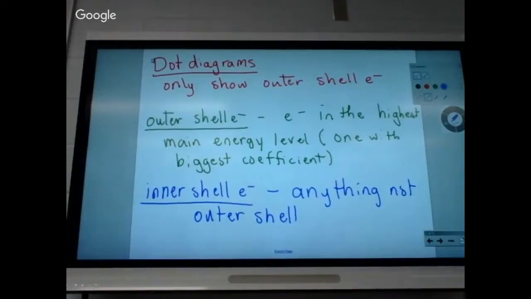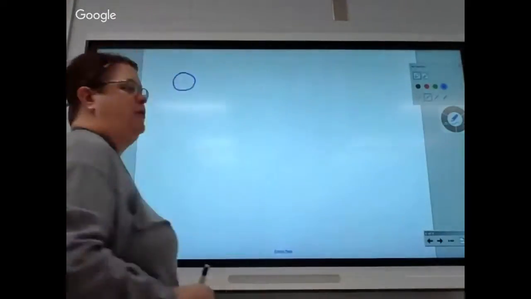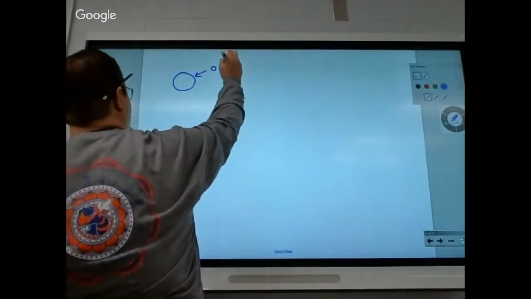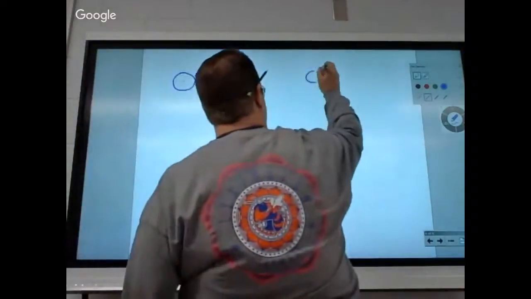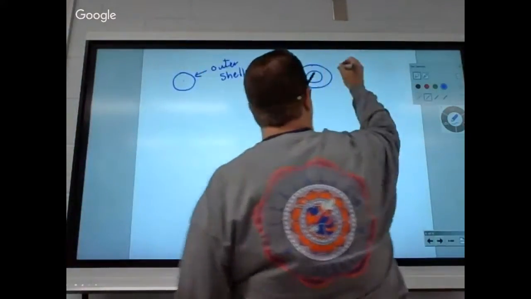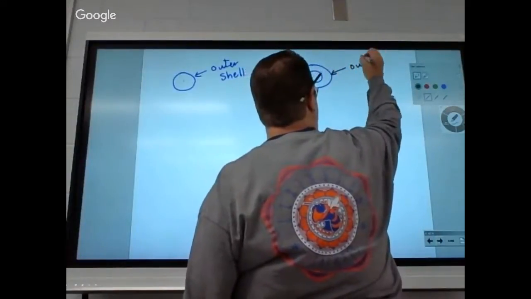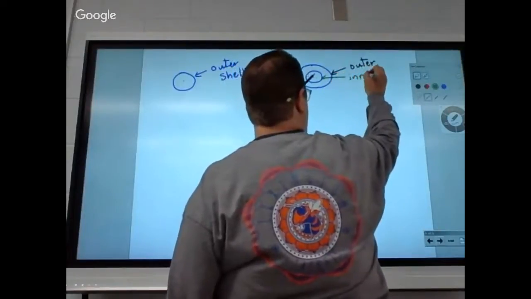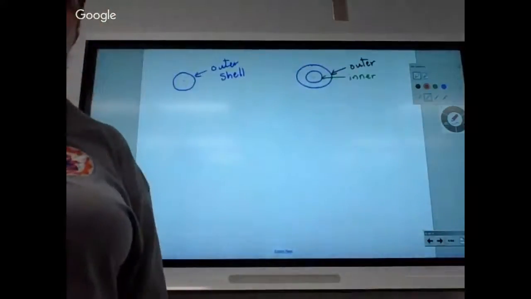All right, so everybody got it? So let's say that you have this. How many rings do you have? One. That is your outer shell. But let's say you have this one. That's your outer. That's your inner. But sometimes your models might be much bigger.